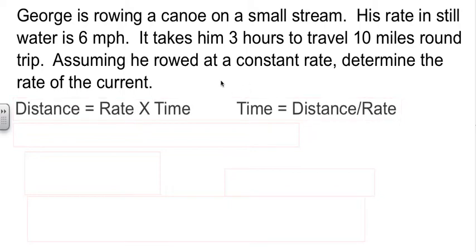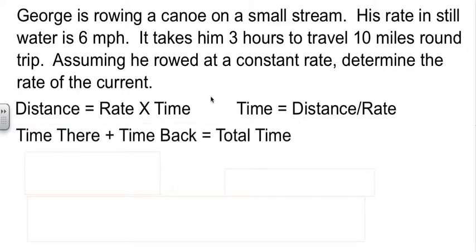Well, we know that distance is equal to rate times time. And we also know that the amount of time it took to get there, wherever there is, plus the amount of time it took to get back, should equal the total amount of time. So his total trip is 10 miles. That means he went 5 miles there and 5 miles back.